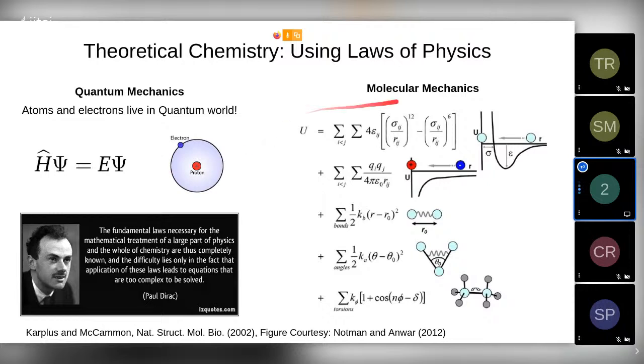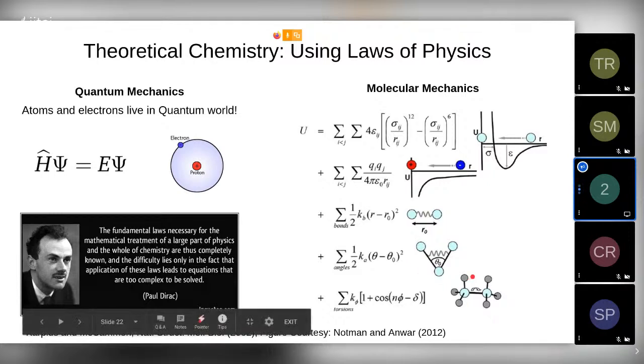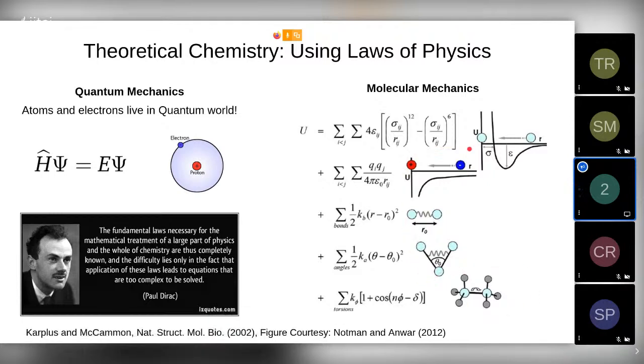So we can make a model which is known as a molecular mechanical model, where we treat the non-bonded interactions like the van der Waals and the charge-charge interactions, as well as the bonded interactions like bond vibrations, angle vibrations, and dihedral angle rotations, using some empirical expressions. And the parameters in these expressions are fitted or parameterized by either quantum mechanical calculations on small molecules or maybe from experimental data.